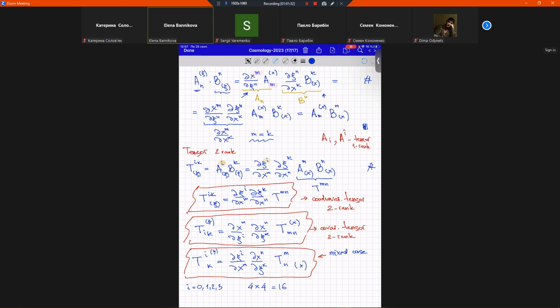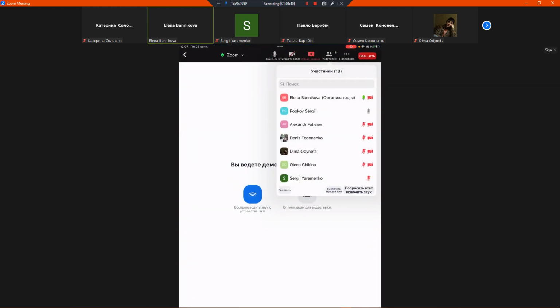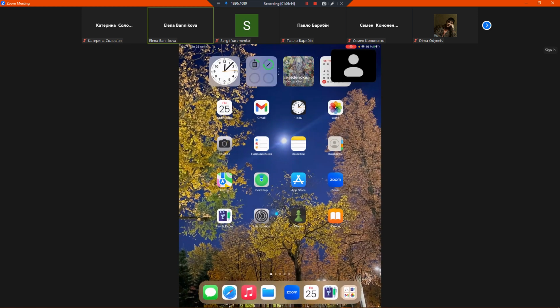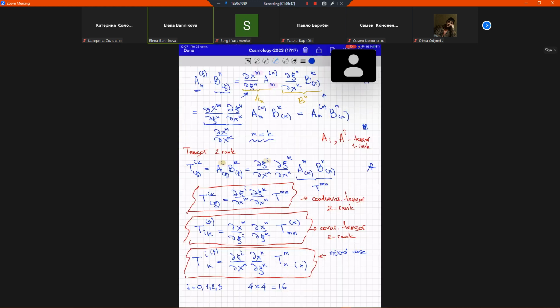Okay, this was like philosophical. Now, there are of course different operations with tensors. We will consider them maybe a little bit later.